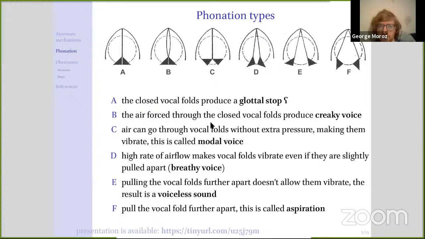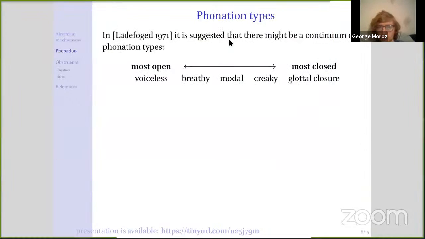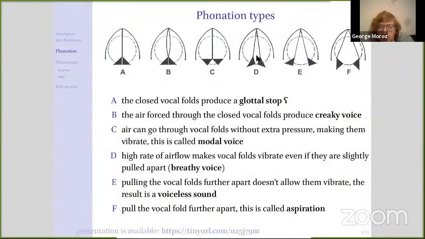When we have vocal folds connected and tightened, but it's possible for them to vibrate, then it will produce modal voice. Breathy voice is produced when there is some room between our vocal cords.